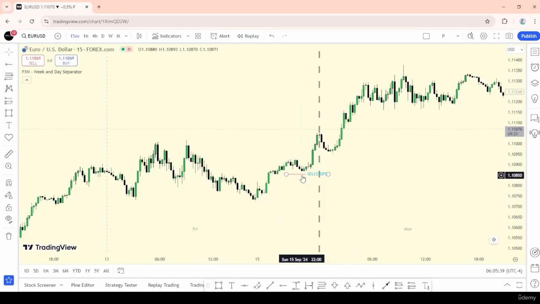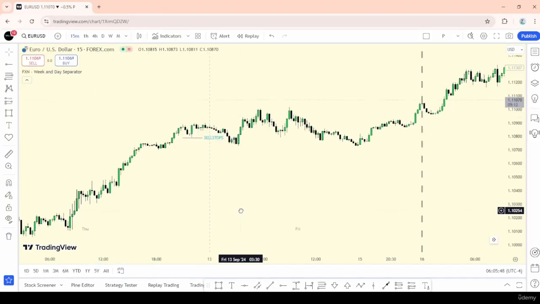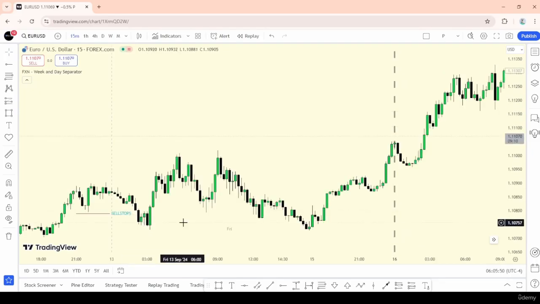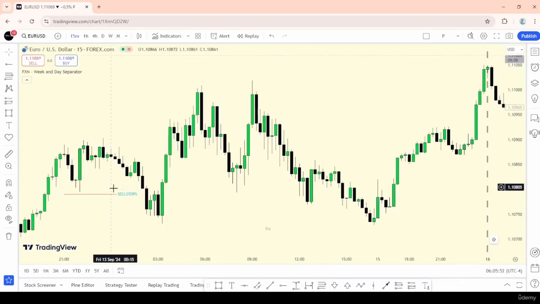You have to go back and do more examples so that you may get the idea of it. So here we had an area of sell stops. We ran sell stops here. Actually it was this area.